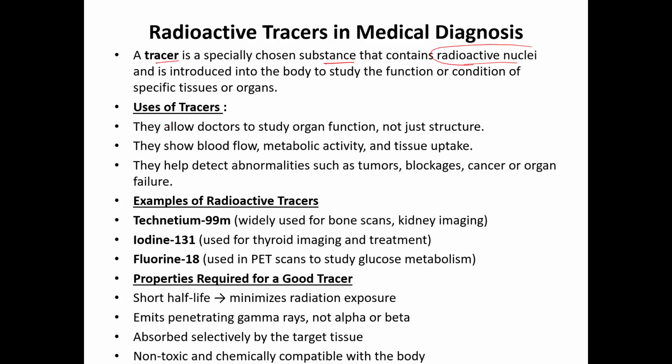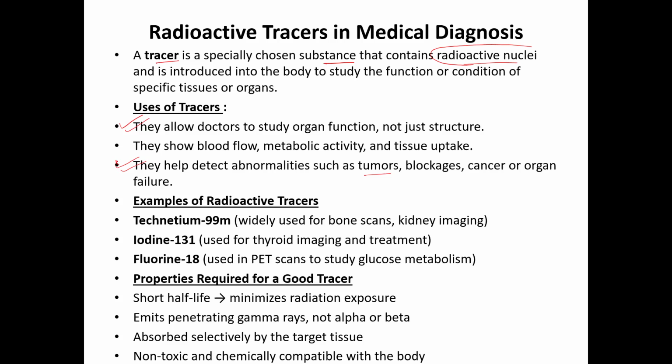Normally they allow doctors to study organ function, not just the structure, but also how any organ is functioning. Then it helps to show the blood flow, metabolic activity, and the performance of the tissues. It also helps to detect abnormalities such as tumors, brain tumors, or cancer in any body part, or blockages. That is all done with the help of what?